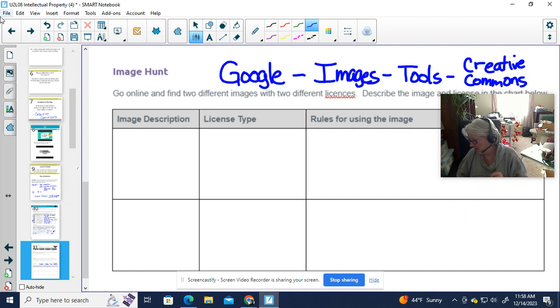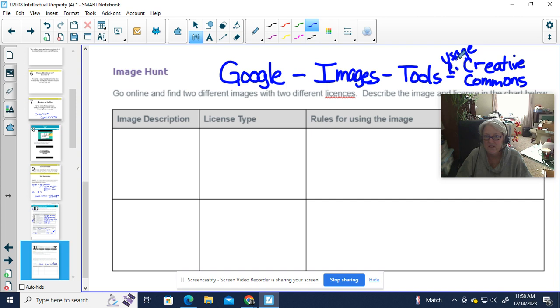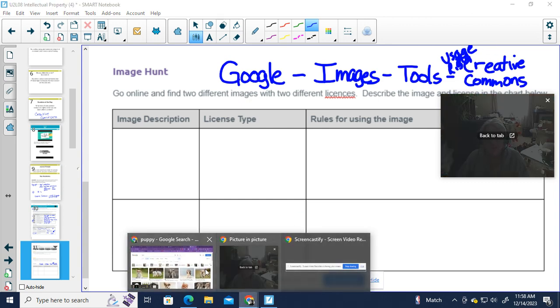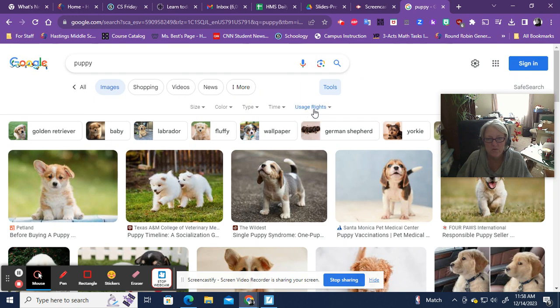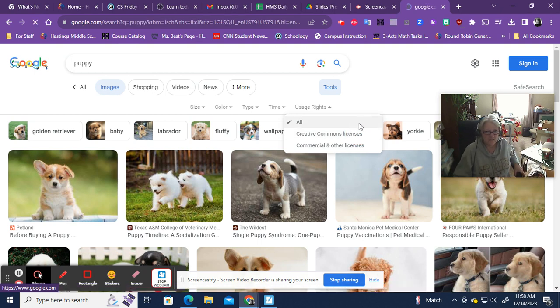Tools. Yeah, I kind of forgot that level. Sorry. After tools, you're going to look at usage rights. There we go. You can kind of make that out. Okay, so here's what we have to click on then. When you click on usage rights, now you're going to see, oh my gosh, Creative Commons licenses. Isn't that cool? There we go.